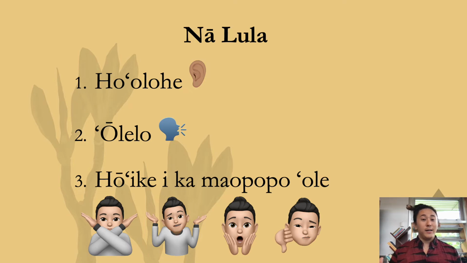So, nā lula, eia nā lula, the rules. Ekahi, e hoʻolohe. Ekolu, e lua e ʻōlelo, ʻōlelo pū. When you see a question, read the question along and answer the question.